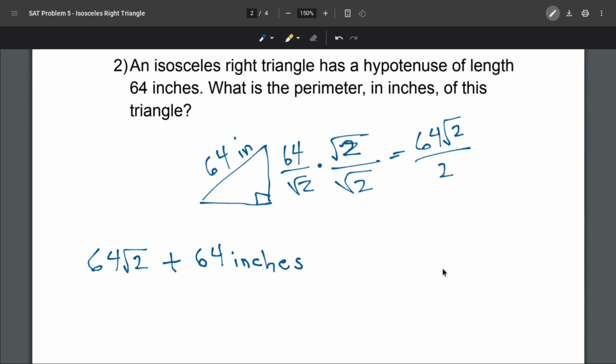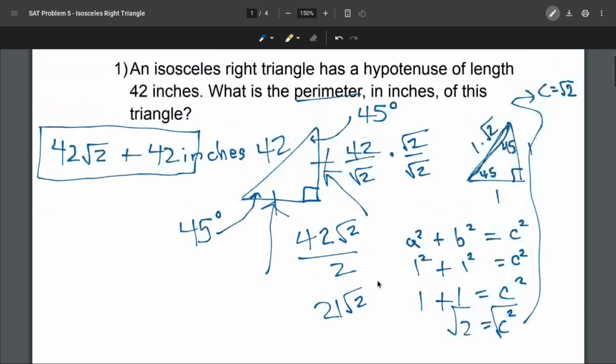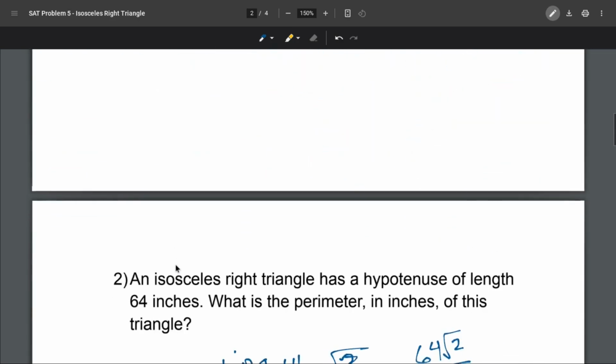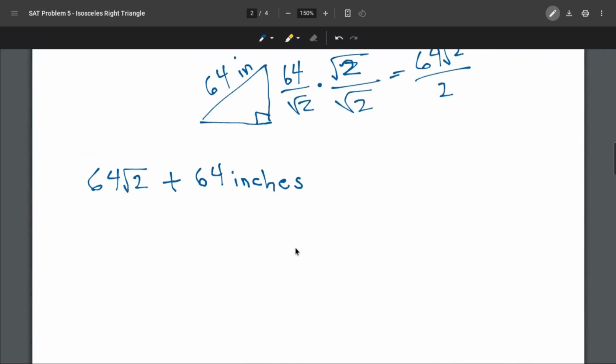And maybe you're noticing a pattern with this. The hypotenuse was 64 inches, 64 square roots of 2 plus 64. The previous hypotenuse was 42 inches, 42 square roots of 2 plus 42. Okay, let's try a third one.